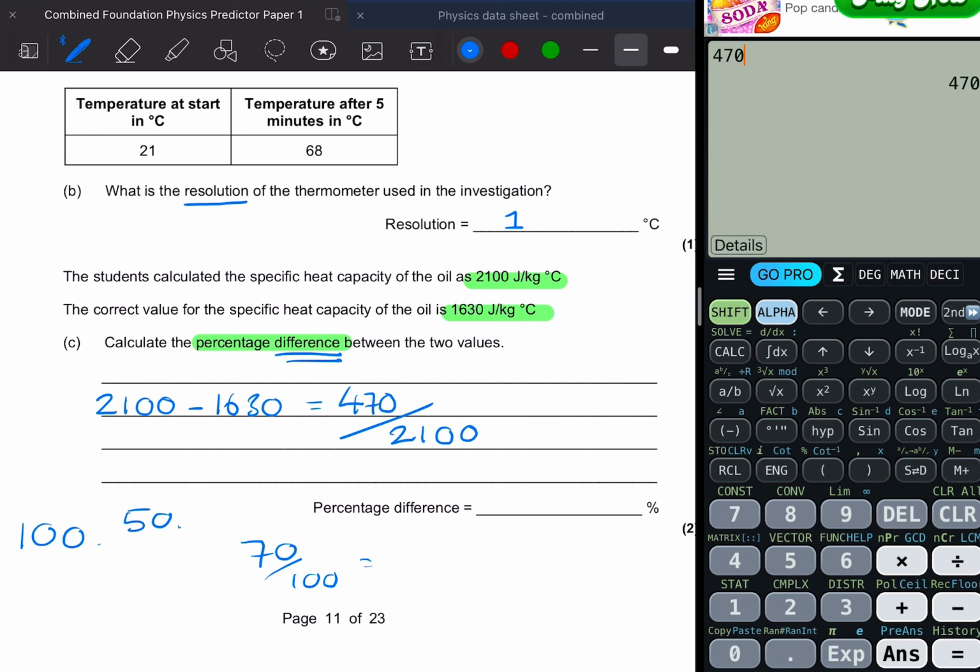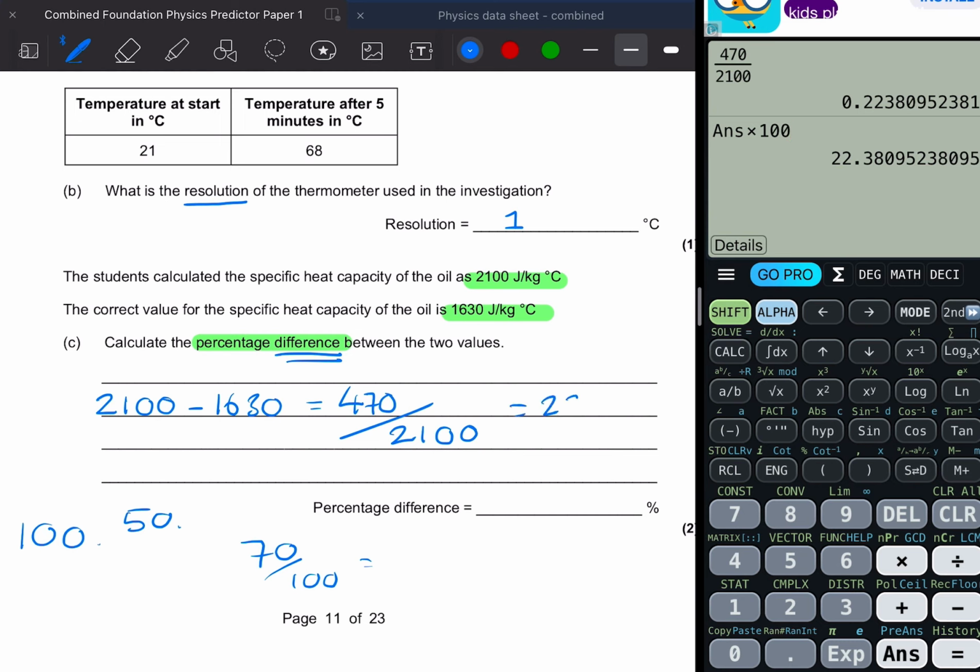So that is 0.223, and we times that by 100, which equals 22.38. We don't need to be that specific with percentages, so we can just give it to the nearest whole number. The 3 does not round it up, so we can leave it as 22%.